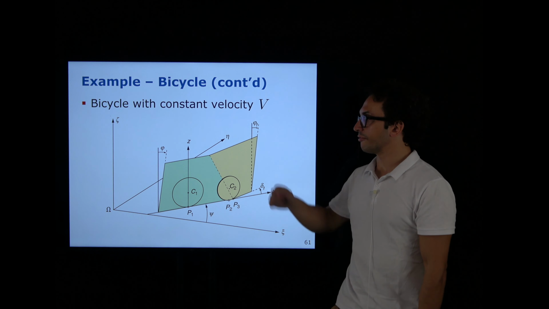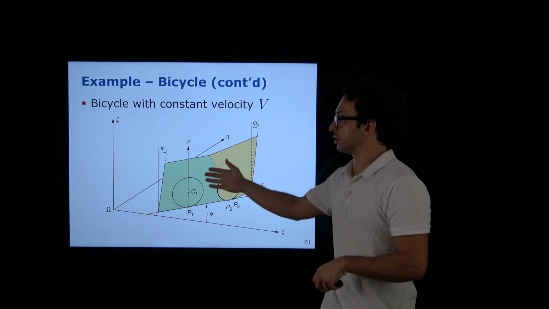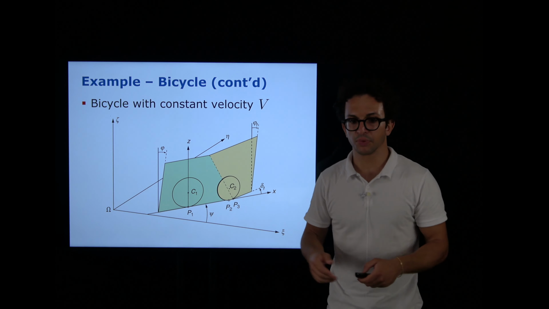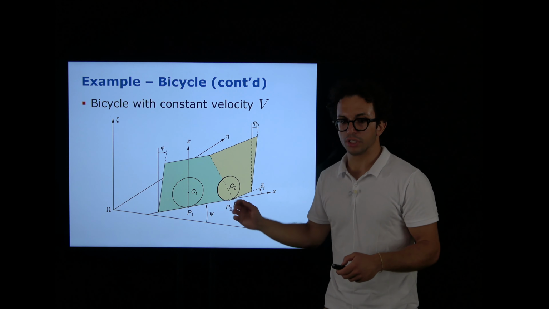And then we have phi F, which is phi front, the tilting of the front wheel, because if the bike is tilted, but the front fork is also steering, then the front fork will have a tilting angle which is different with respect to the rest of the bike. So these are the important angles.